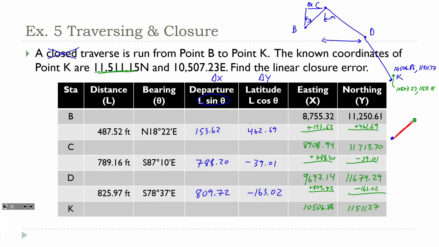So just using the Pythagorean theorem, we do delta x squared plus delta y squared, take the square root, and that should give us the linear misclosure. .39.